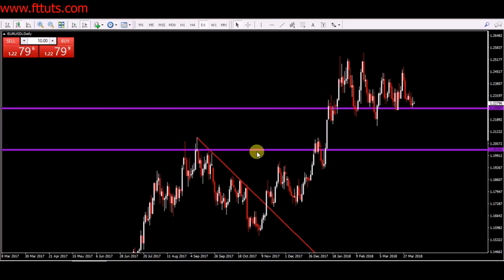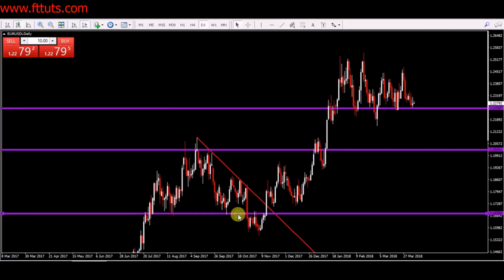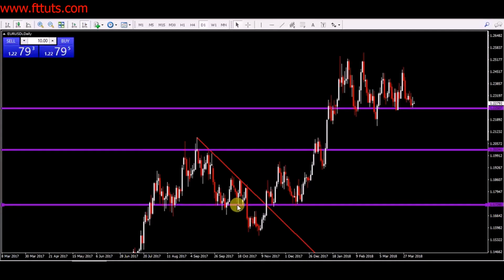So rule number one, waiting for price to reach a strong support resistance area based on the daily and weekly charts. As you see on the daily chart, we have this support resistance area, this one, and another can obviously be drawn right around here.